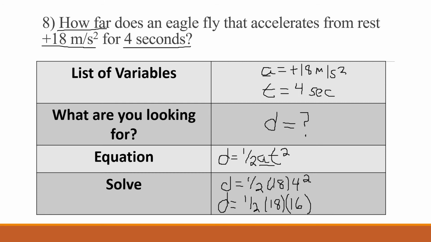Now you just have to type it in your calculator. There are so many ways you can type this in. You could do 0.5 times 18 times 16. You could do 18 divided by 2 times 16. You could do 18 times 16 divided by 2. You could do it any order you want. Multiplication is commutative. But regardless of how you type it in your calculator, you should be getting an answer of 144 meters.